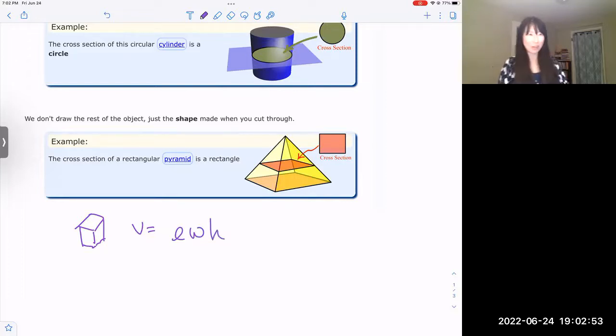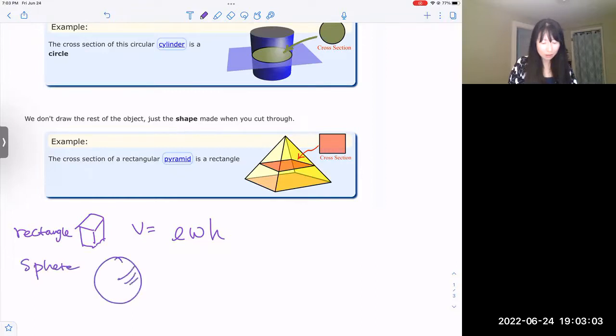We denote it this way, right? We have a sphere, like a 3-dimension. So the volume is 4/3 pi r cubed.